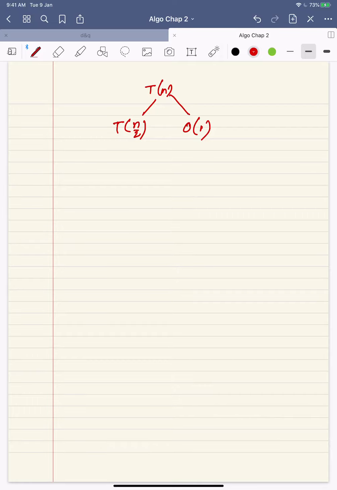So we are trying to create a tree, and every node in the tree is some sort of time that you're spending. Order 1 is time that you're spending, but T(n by 2) you're further dividing. You go to a subarray of size n by 4, and you do an order 1 operation. This is time that you have already spent.